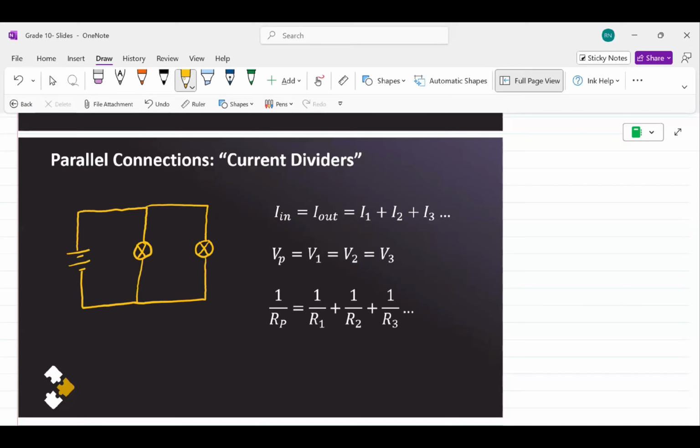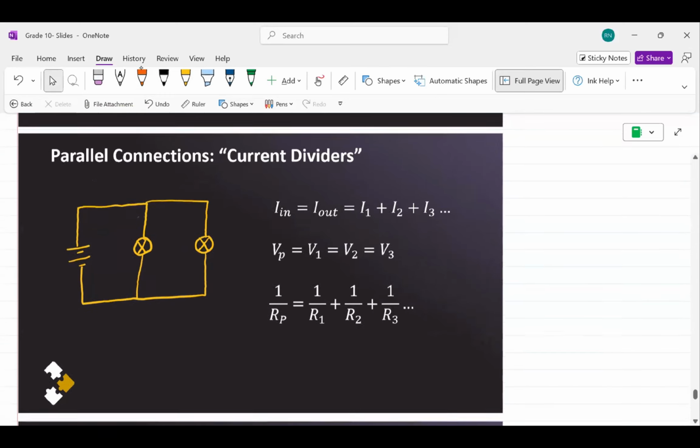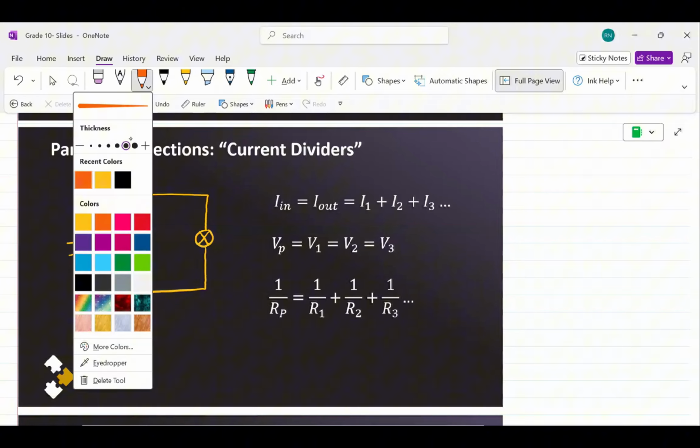Now, before we said our current didn't have anywhere to go, it just had that one path that it went down before in our series. But here, our current's going to move up there, then it's going to move. I'm trying to make this a little bit thicker so that you can see it. Oh, there we go.